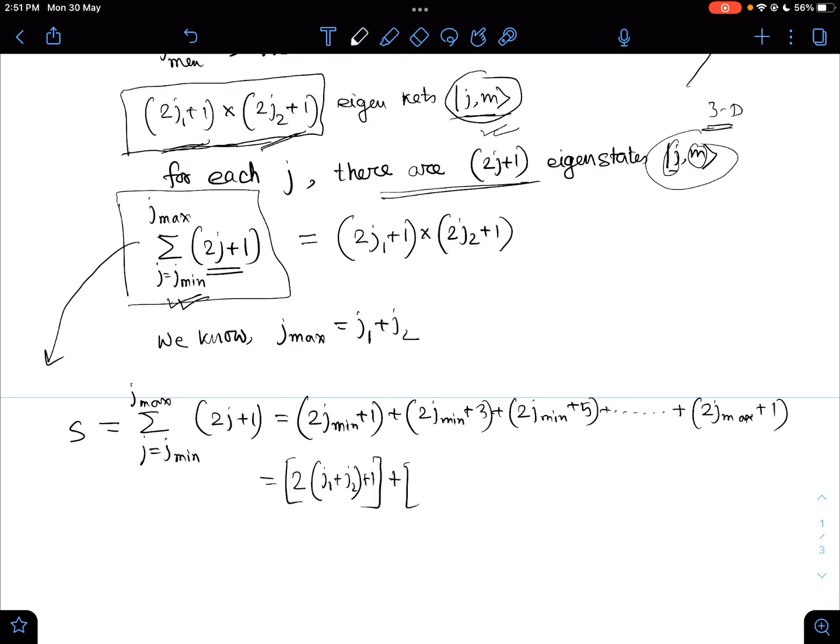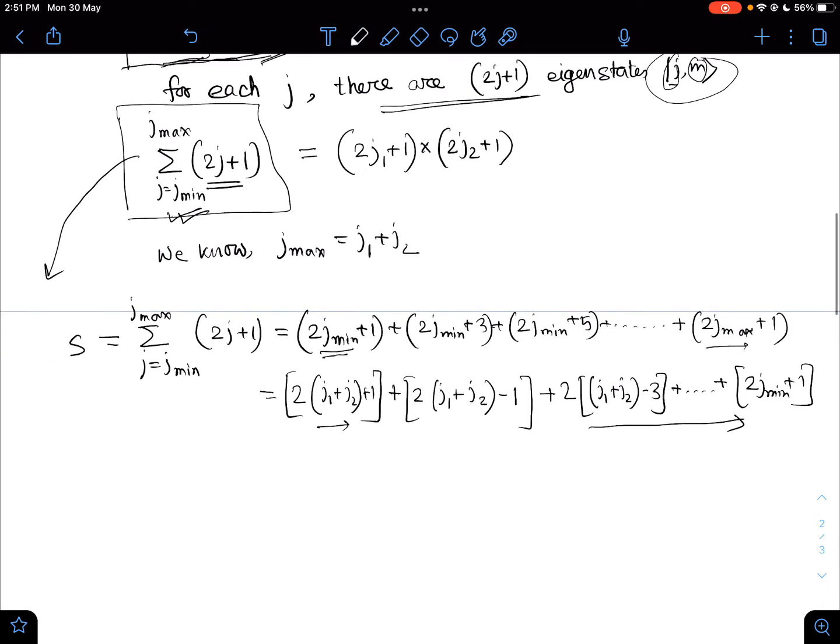Second term will be 2(J1 plus J2) minus 1, plus 2(J1 plus J2) minus 3, and in the similar manner what will be the last term? 2J minimum plus 1. So here we are starting from our minimum and going to maximum, and here we are starting from our maximum and going to minimum. So this is also S.